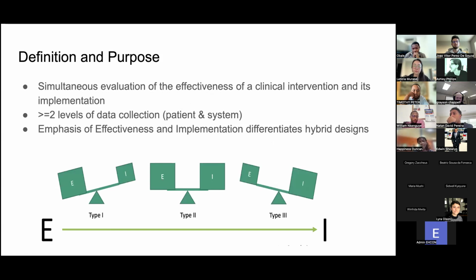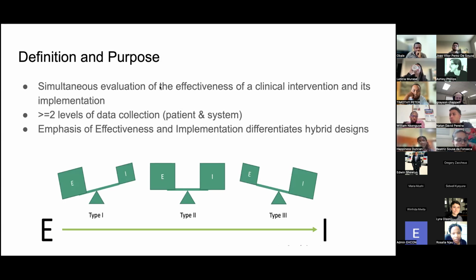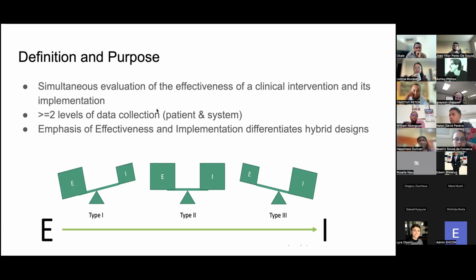So now I'm assuming my audience understands at least a little bit what implementation science is, what effectiveness and efficacy research are, and why we need a balance between implementation science and effectiveness research blended together. We'll go into more detail, but basically, effectiveness-implementation hybrid designs are very important because they help us simultaneously evaluate a clinical intervention and its implementation.